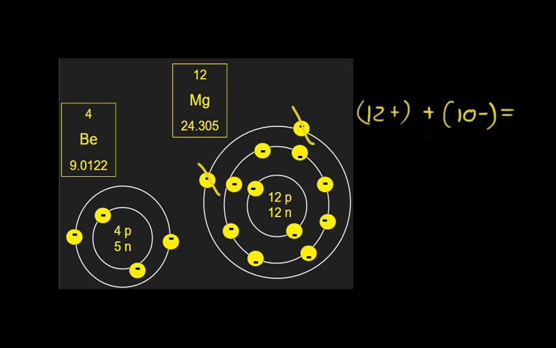It turns out that that's going to end up being a +2 charge for magnesium as well. So magnesium and beryllium both have a 2 plus charge. You might ask yourself, is that a coincidence? And the answer is no. Let's take a look and see where they're at on the periodic table.